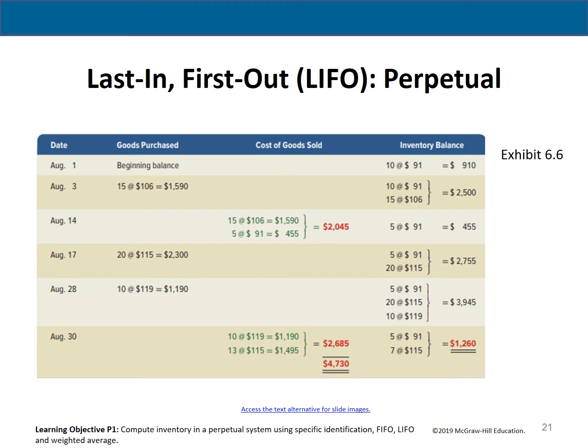On the 28th, we buy 10 more bikes. These cost $119, and the total cost is there. After this purchase, what do we have in inventory? 5 bikes that cost $91, 20 that cost $115 because they were here before the purchase, and we just added 10 more at $119.